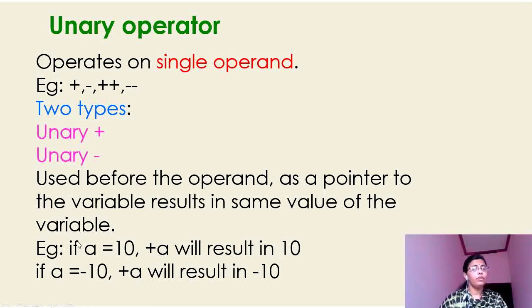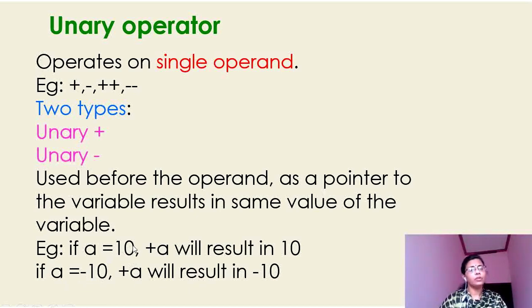But if I use a unary minus operator, for example, A is minus 10. If I give plus A, it will result in minus 10, because I have given the value minus. Clear?